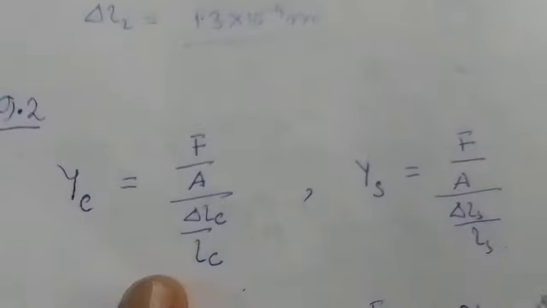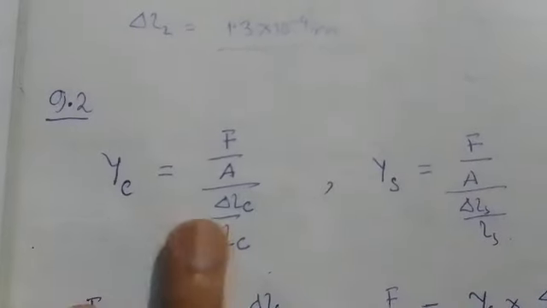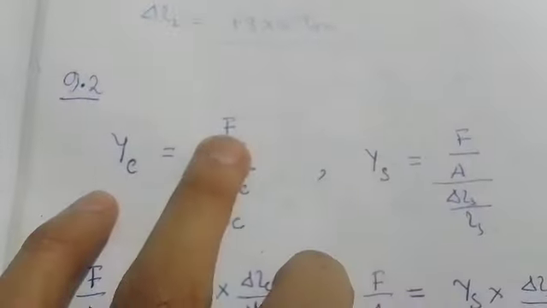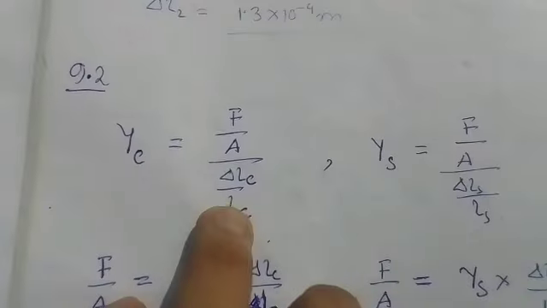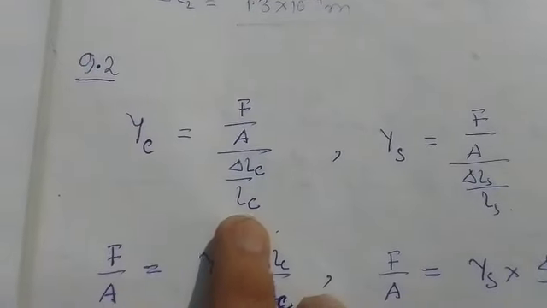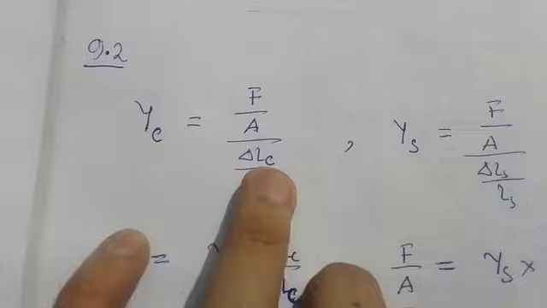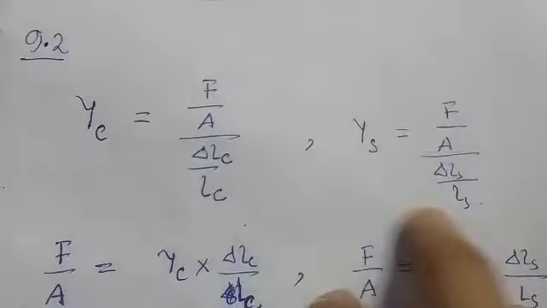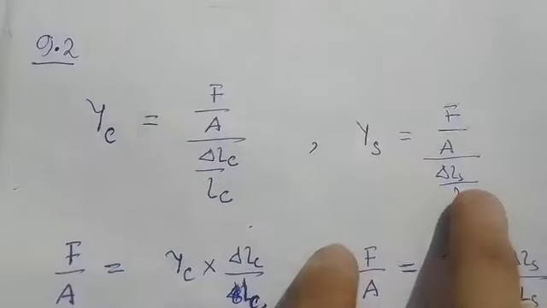For this, we are trying to find the Young modulus of the copper wire and the Young modulus of the steel wire. So it will be stress by strain. Stress we have as force per unit area, and strain we have as del L by L. So it is for the copper wire, so we are writing C, and for the steel wire we are writing S. So this is the Young modulus of the steel wire.